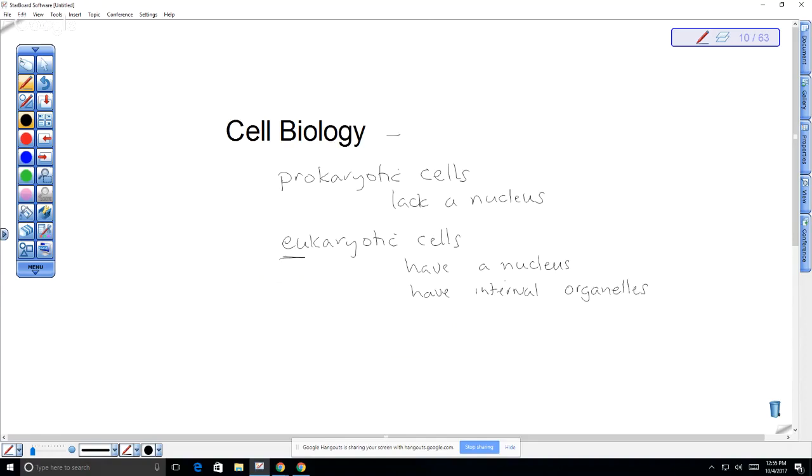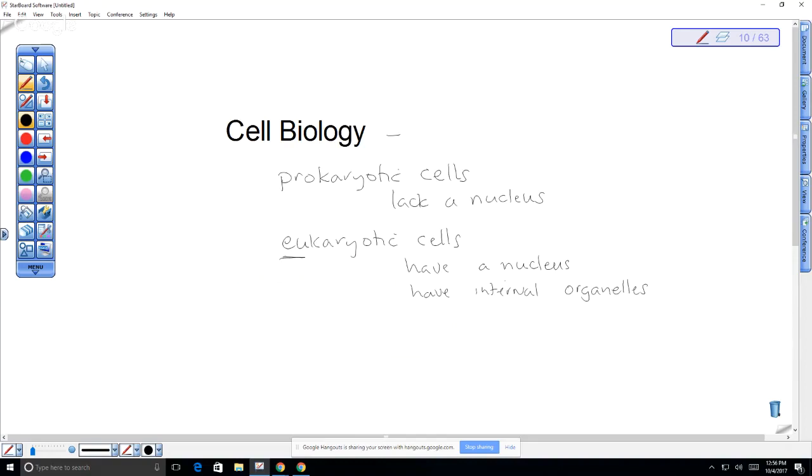So we have organs, but inside your cell, you have little tiny organs, and so we call them organelles. They would be synonymous with, we have a liver, but they have a Golgi apparatus. So it's just inside the cell.